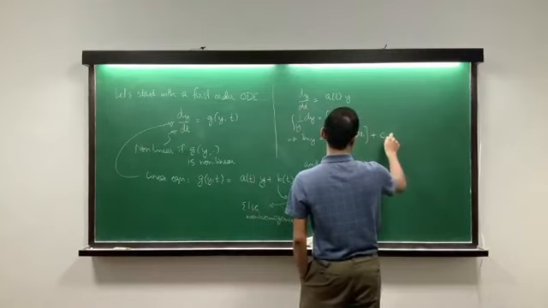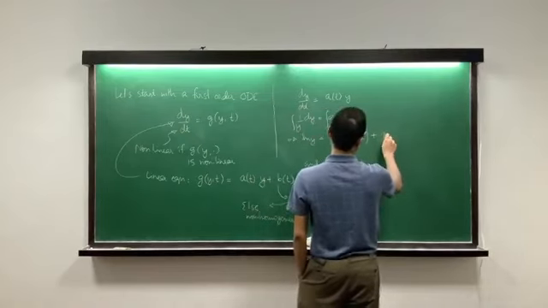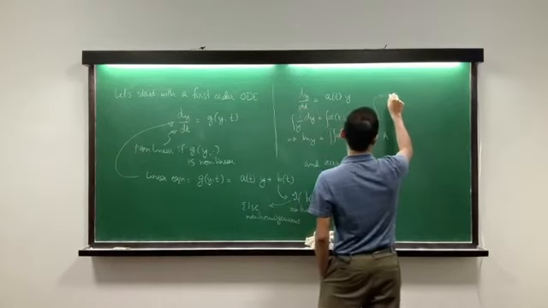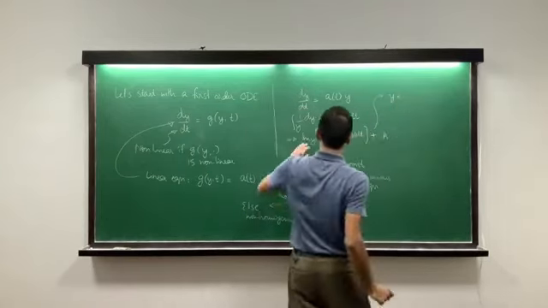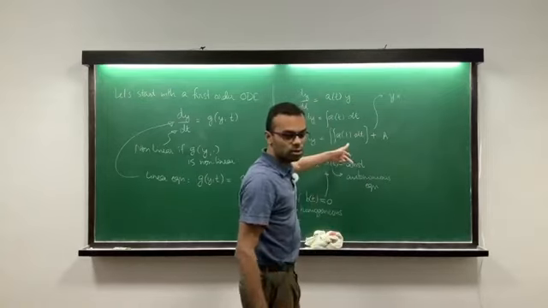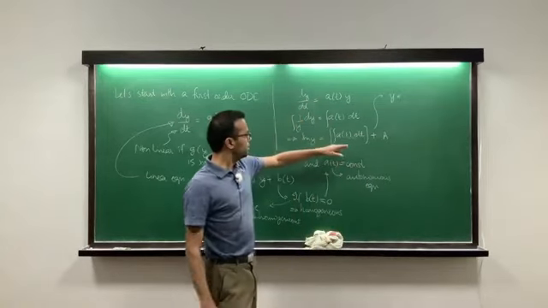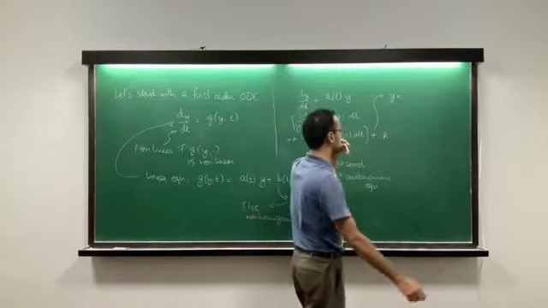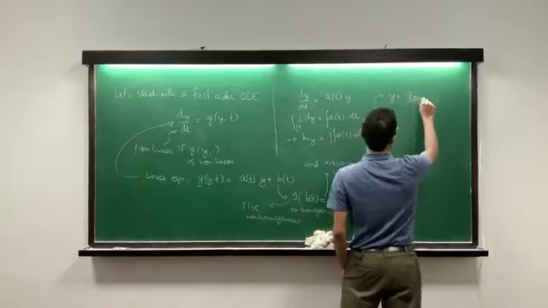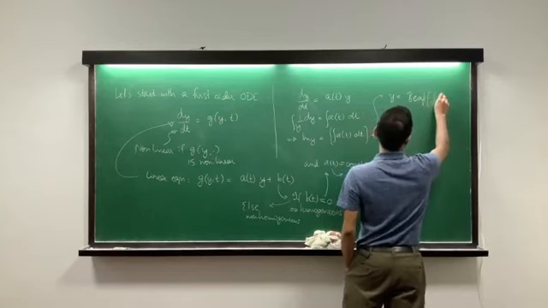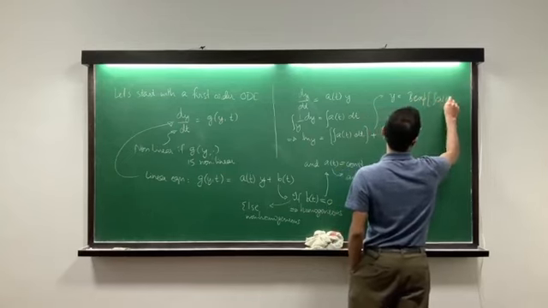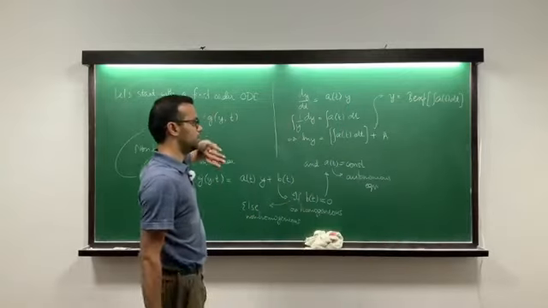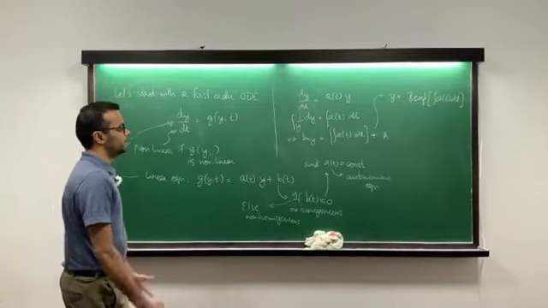I'm going to call that constant capital A. Okay, and then I will take an exponential. So I will get y is exponential of this whole thing. So then it will be exponential of this times exponential of A. I'm going to call exponential of A some other constant b. So this will just be y equals b times exponential of integral of small a of t dt. Okay, that's easy enough. So that's a closed form solution. That's the one we started off with. Okay, it's easy enough to get.